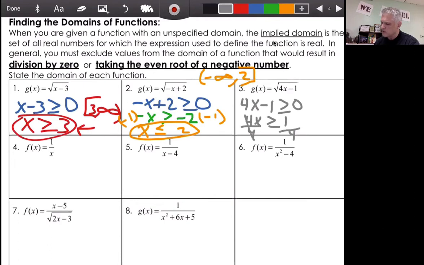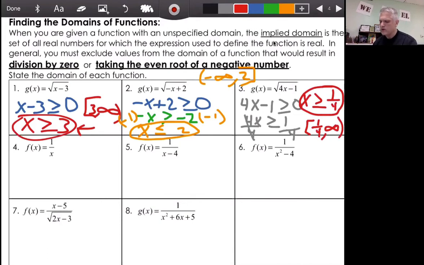So that tells me that my x must be greater than or equal to 1/4. Again, perfectly good answer. Standard notation. If you wanted to put that in interval notation, then that would be 1/4 to infinity, and it includes 1/4, so there's a bracket.